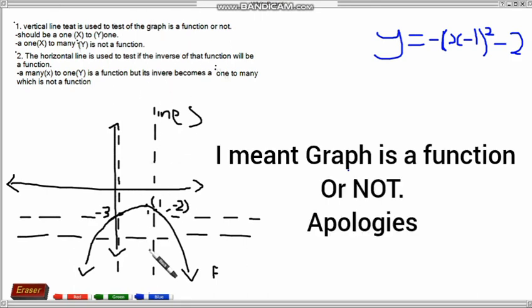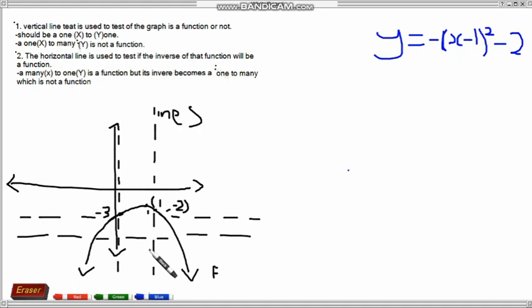As you can see, in order for the function to pass, it should be one-to-one, meaning the vertical line should only touch the graph once and pass. Then the horizontal line: if it touches the graph twice, it is still a function because that's a many-to-one.